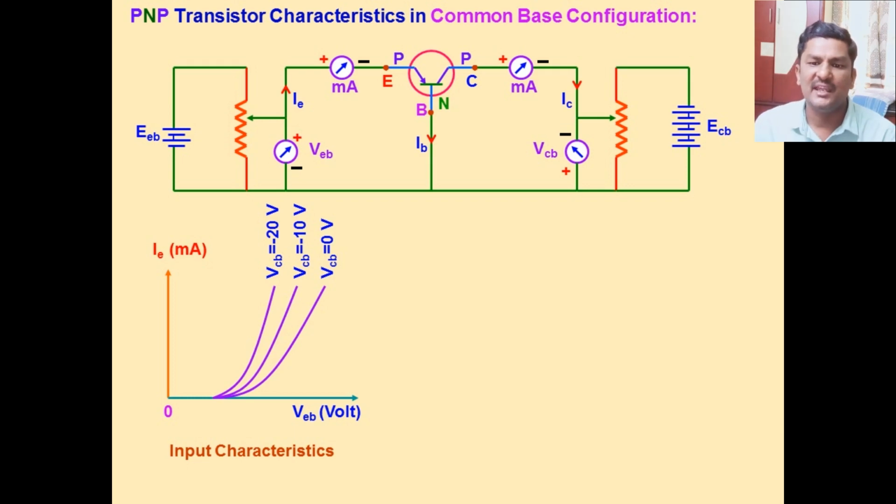It is a curve, and up to a certain limit the current in the emitter is 0. After that limit, the current increases very rapidly. So the input characteristics of a transistor are observed when the output voltage is kept constant. Keep it in mind.